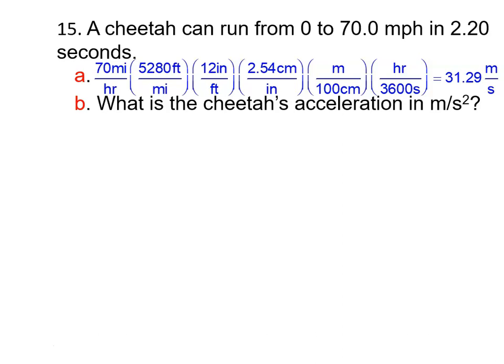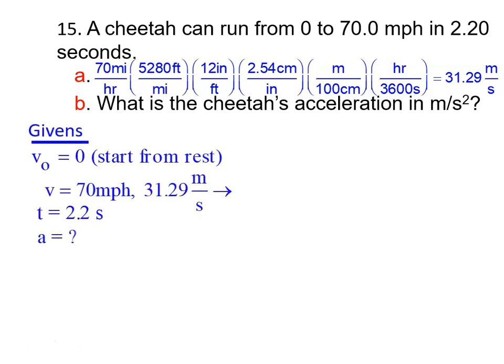Well, let's see now. We're wondering about what the acceleration is. We're told initial velocity, we're told the final velocity, we're told the time. So what we're not told is how far the cheetah went. So we need an equation that does not have x or delta x in it. Can you think of such an equation? How about v equals v naught plus at?